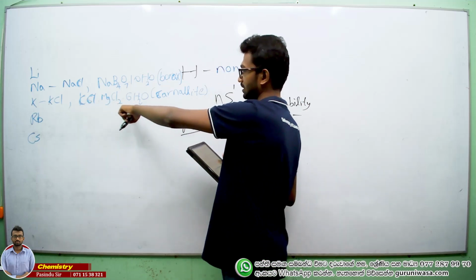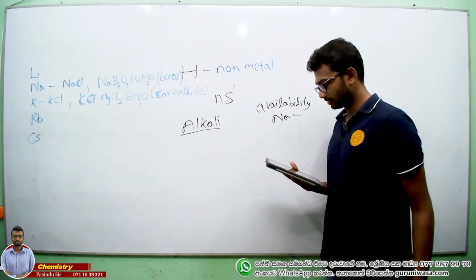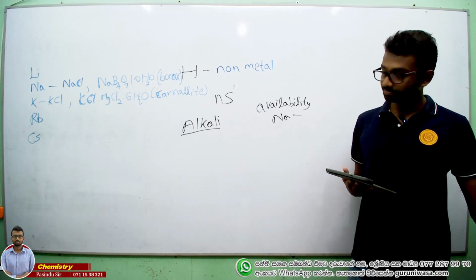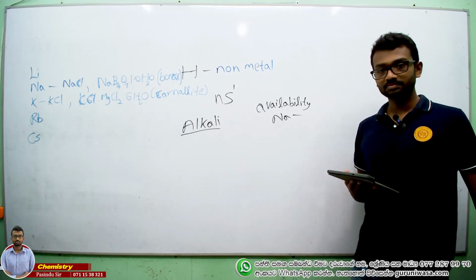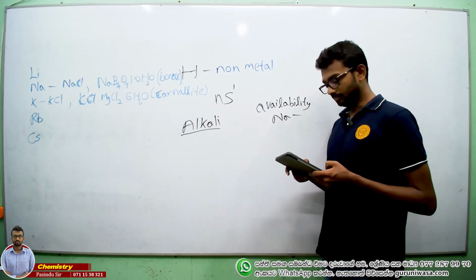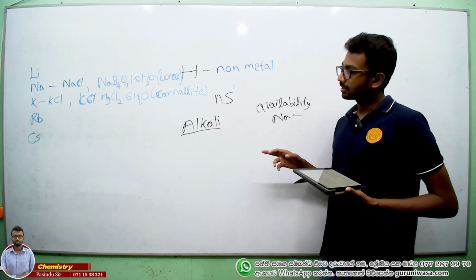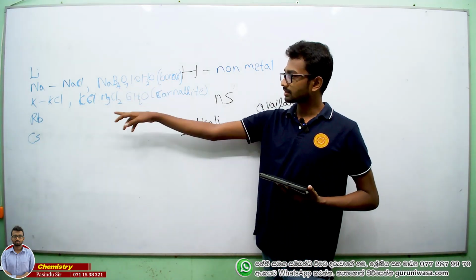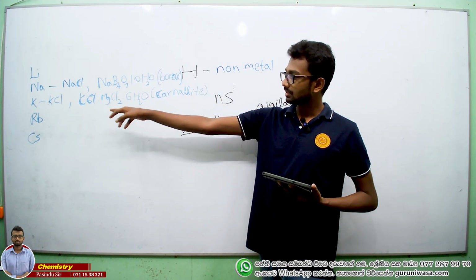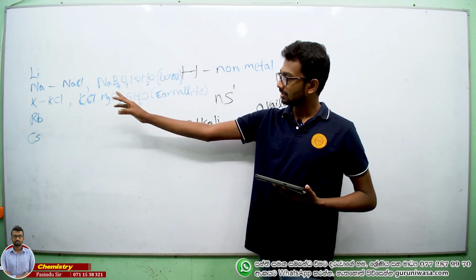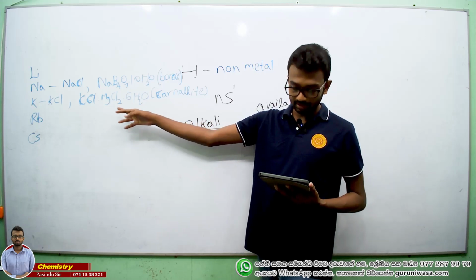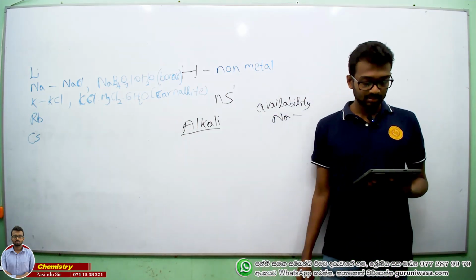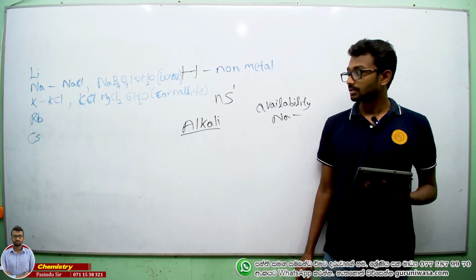Potassium: KCl, KCl·MgCl2. The other two are very rare. Write down availability: sodium chloride, borax, and potassium, KCl, and KCl·MgCl2·6H2O, called carnallite.